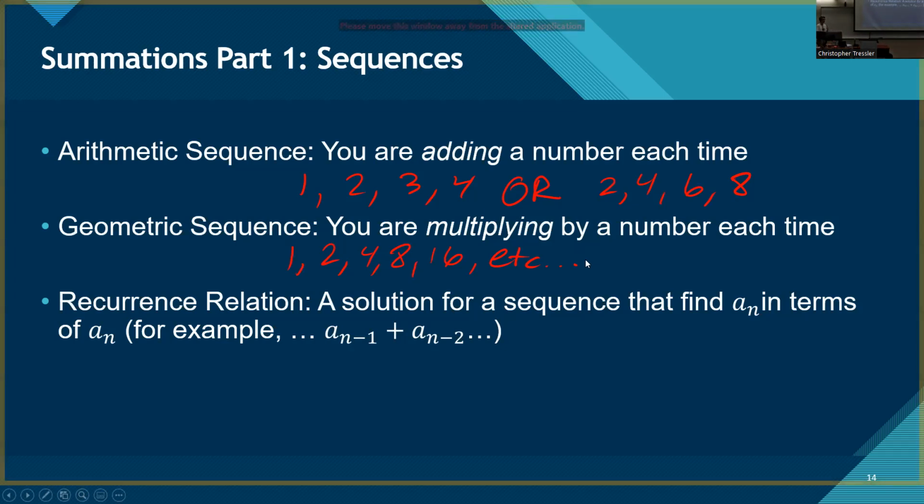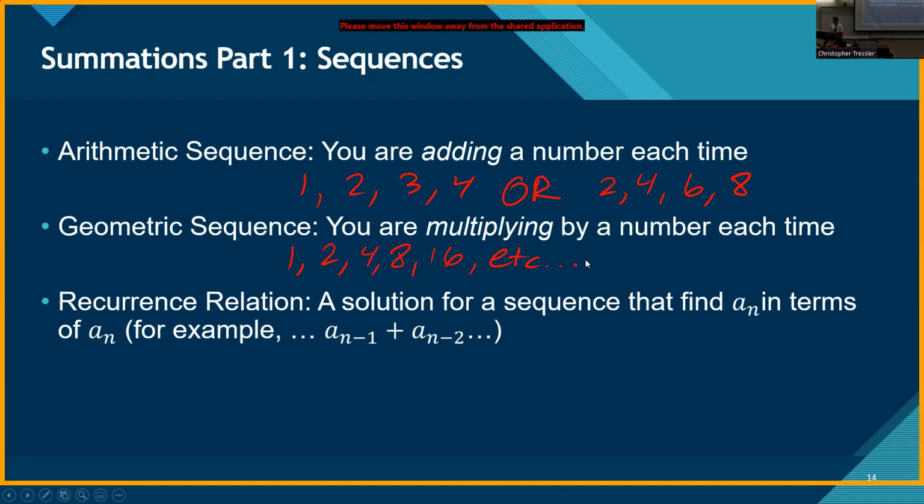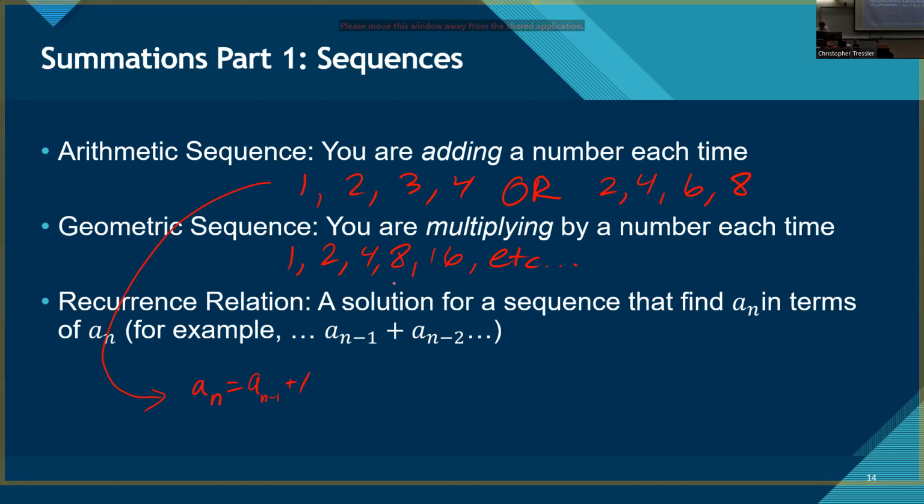You're basically going to be doing something based on the last value. So if we had this series right here, we could say that the recurrence relation for this would be a of n is equal to a of n minus 1 plus 1, just the value before it plus 1, right? That makes sense.